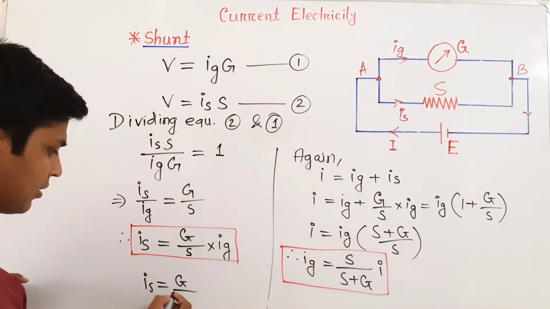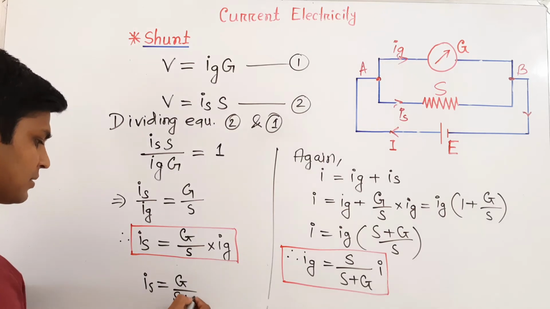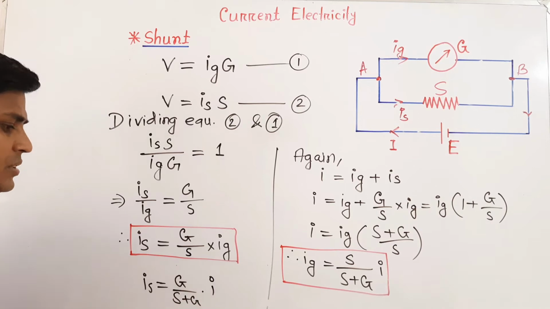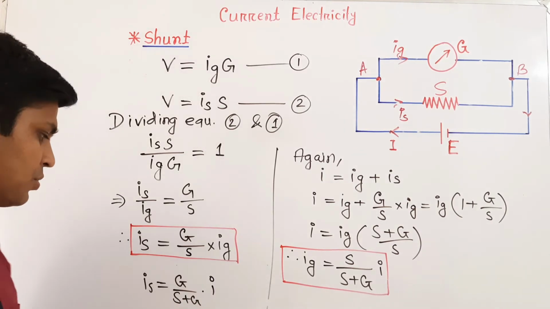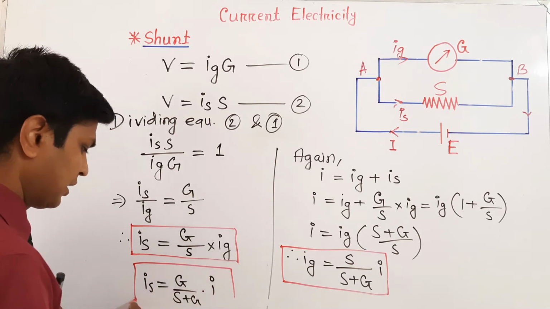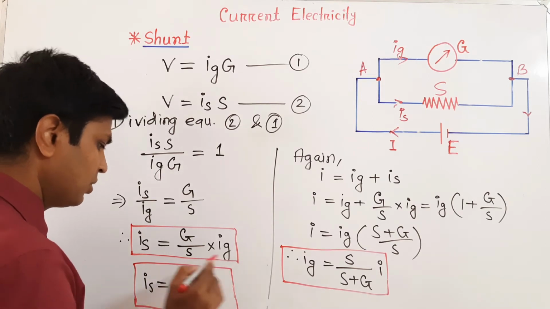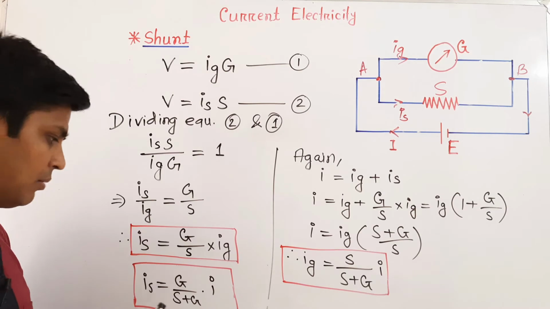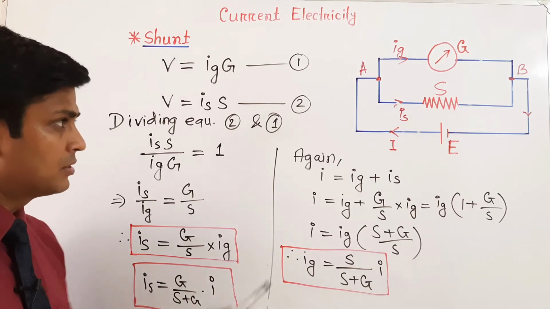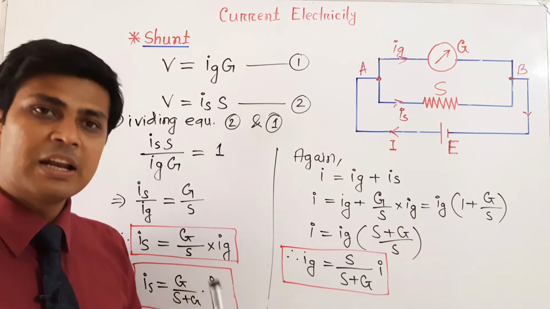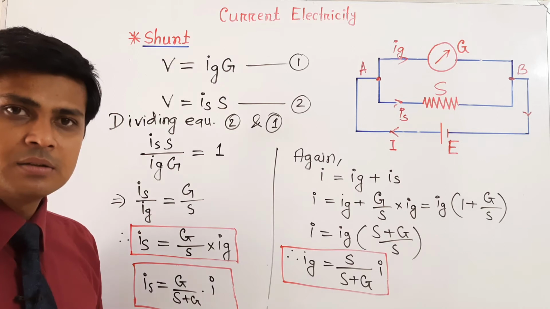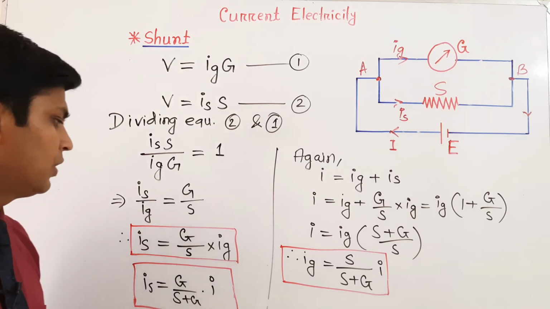So we have here only G divided by S plus G into I. So this is another formula to calculate the current passing through the shunt, which is related to the main current. So this is the formula to calculate the current passing through the shunt or the galvanometer, and we can also calculate the amount of shunt. I hope all of you have understood.